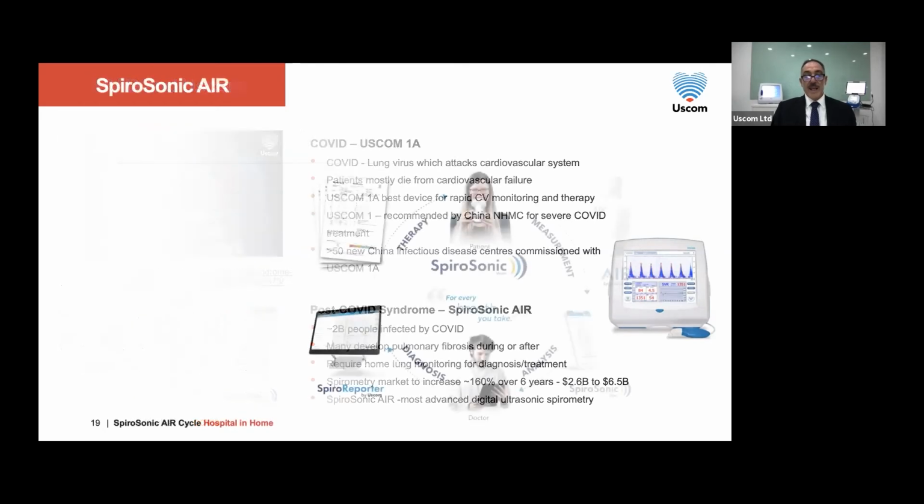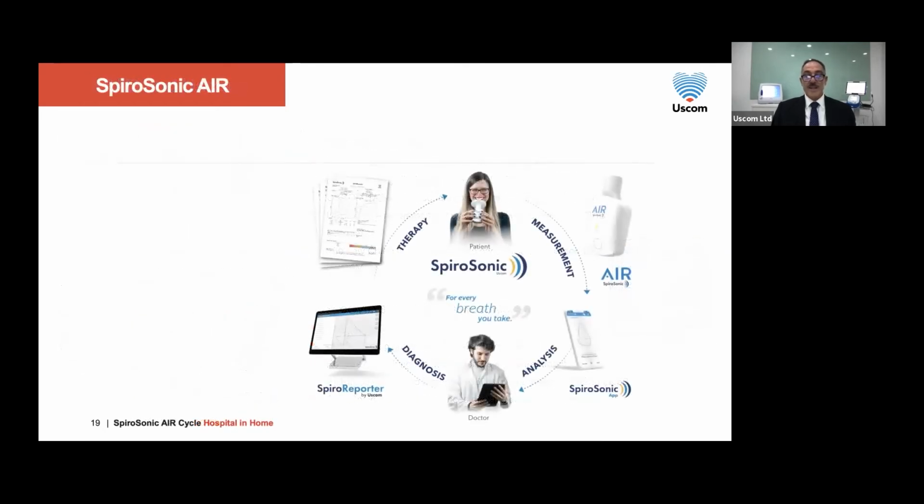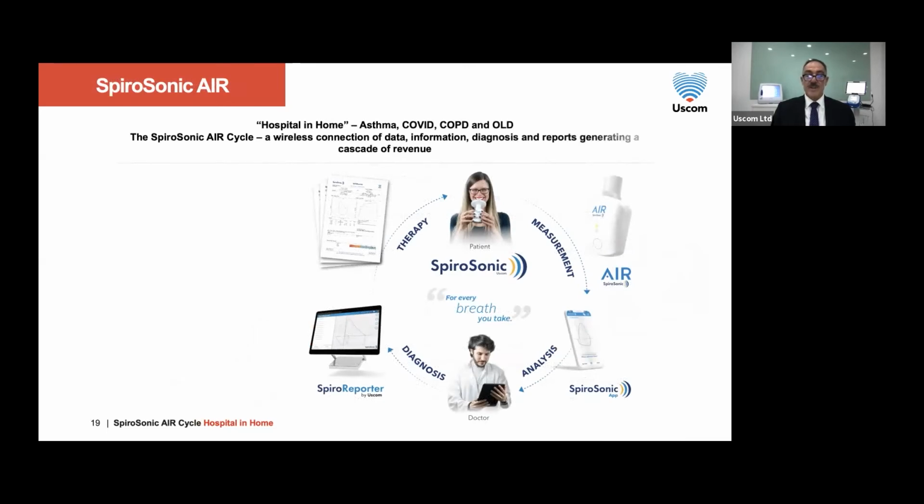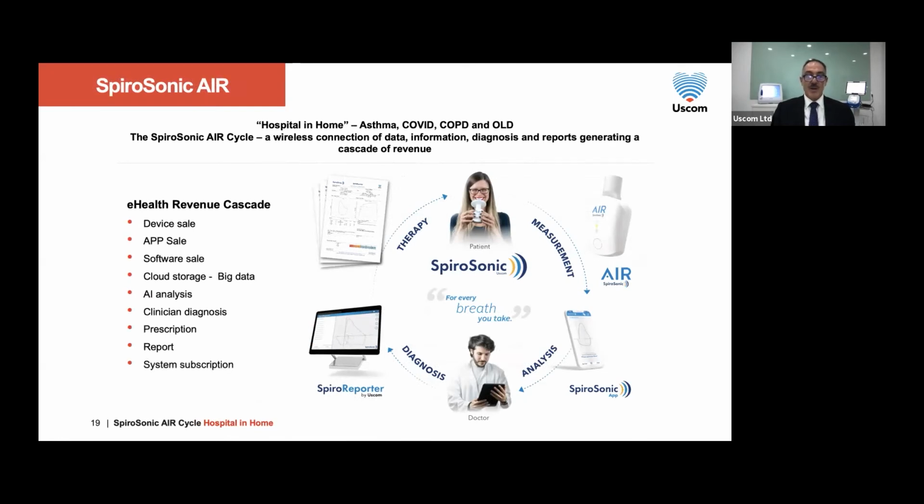The Spirosonic Air is the most advanced digital multipath ultrasonic spirometer and provides precision measures of lung function. The Air wirelessly connects patients and clinicians by the Spirosonic Air cycle, communicating data, information, diagnosis, reports, and prescriptions freely.